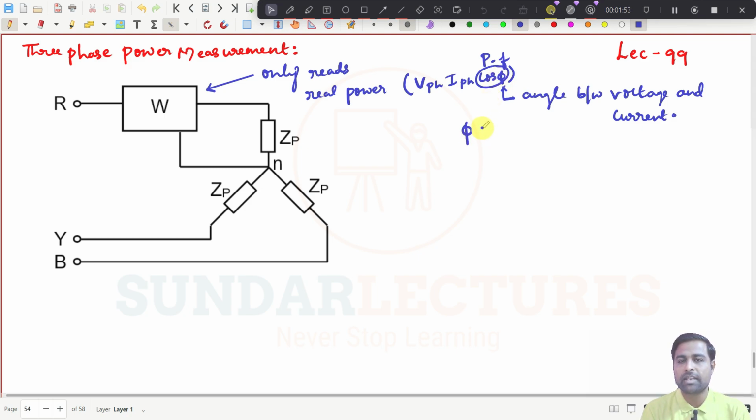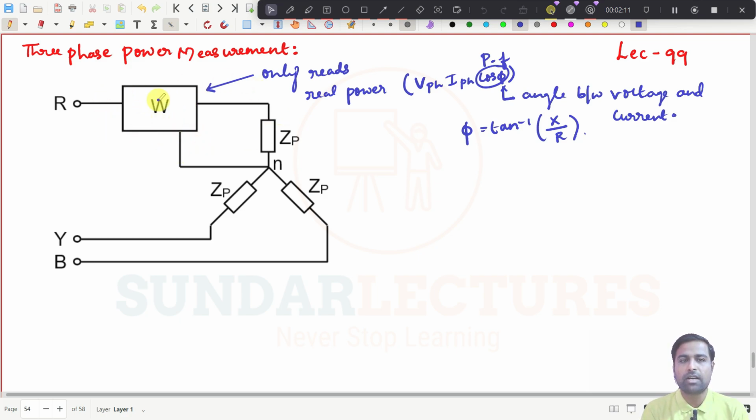Maybe we can write it as phi is equal to tan inverse of X divided by R. We can write like that, right? So there are many formulas. We have seen these formulas in the previous lectures. So only this, the wattmeter reads the real power. That is the point you have to note here.